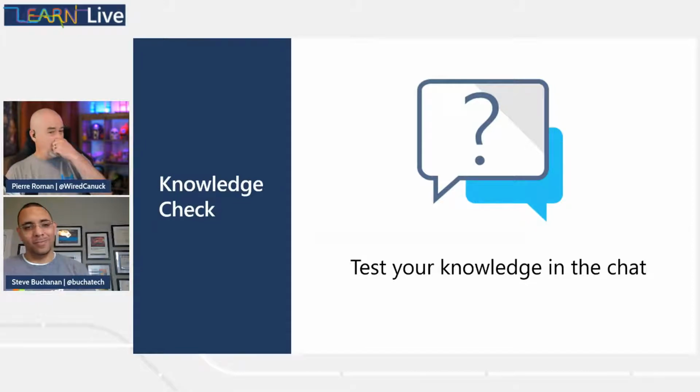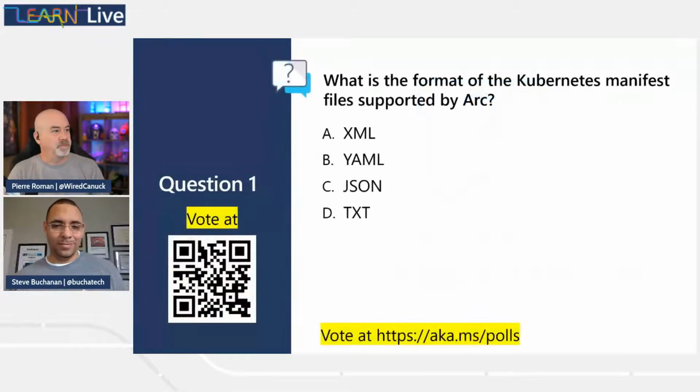We're at the knowledge check already. All right. What is the format of the Kubernetes manifest files that are supported by Arc? If you are following along with us in the Learn Live, you can put your vote in at https://aka.ms/polls, and we're going to keep track of how many people are answering and what the answers are.